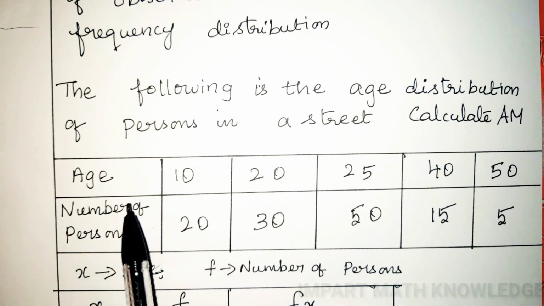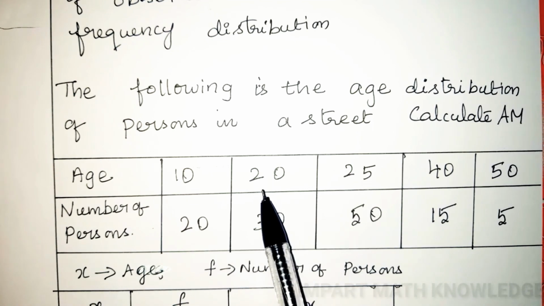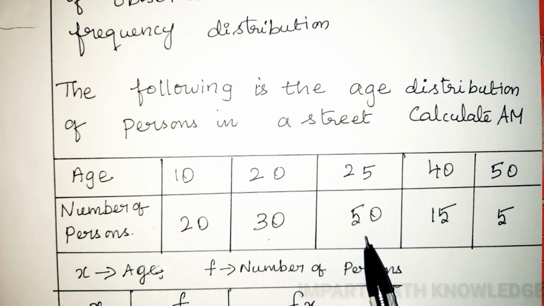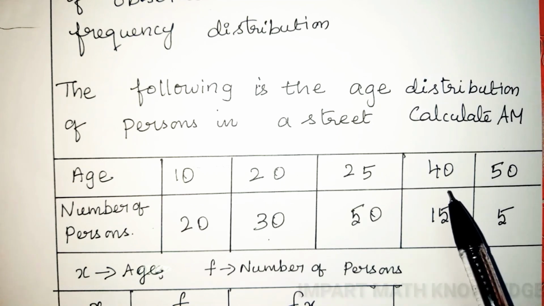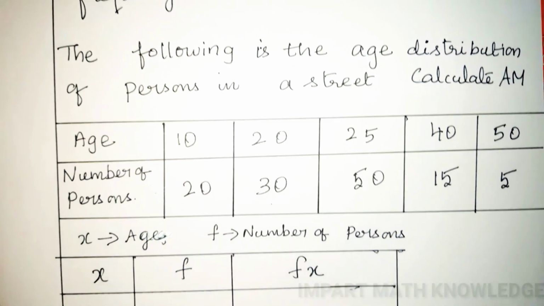Here the first row is age and the second row is number of persons. 30 is the number of persons belonging to age 20 and 50 is the number of persons belonging to age 25. 15 persons are under the category of age 40. X represents age and F represents number of persons.